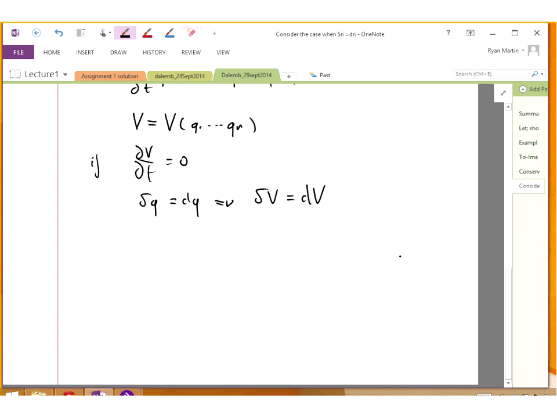Scleronomic system with a potential that does not depend on time. So that means that ∂V/∂t equals 0.